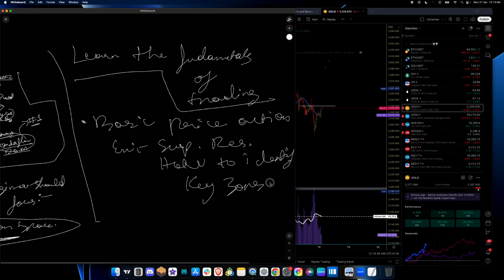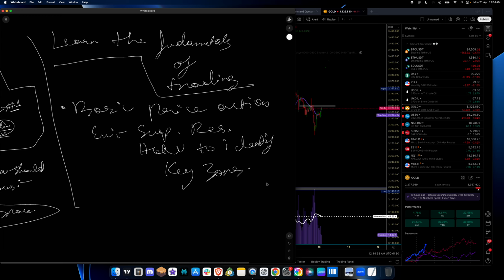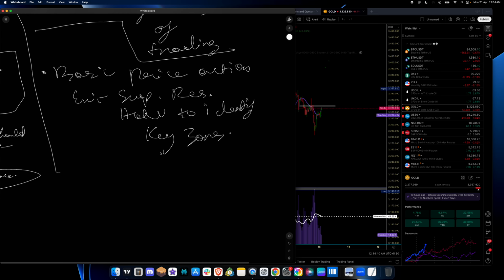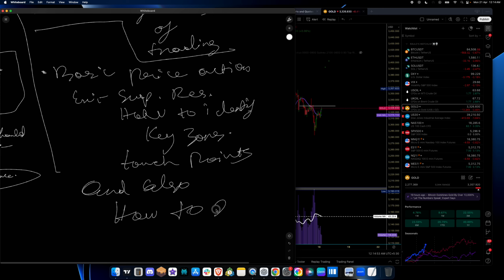This is also one of the basic fundamentals which you have to learn. And touch points, and also how to read volume profile.